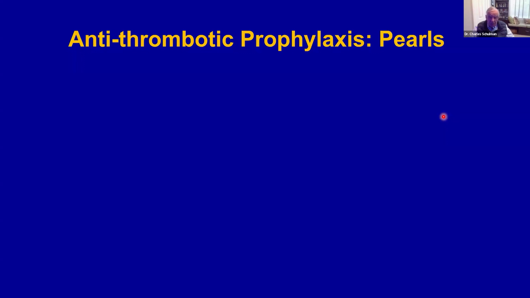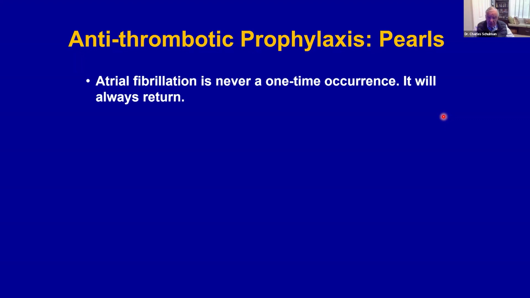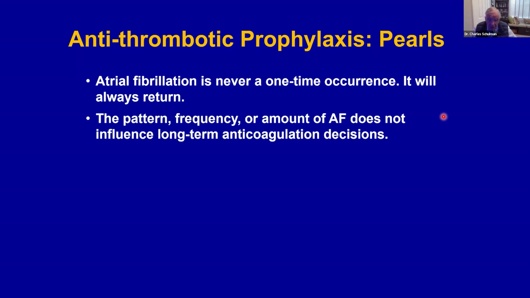So having raised that question, there are a number of pearls that Peter Zimetbaum, who's the Associate Chief of Cardiology at Beth Israel Deaconess Medical Center and one of the atrial fibrillation gurus, has given us. One is that atrial fibrillation is never a one-time occurrence. It will always recur. The pattern, frequency, or amount of atrial fibrillation does not influence long-term anticoagulation decisions.